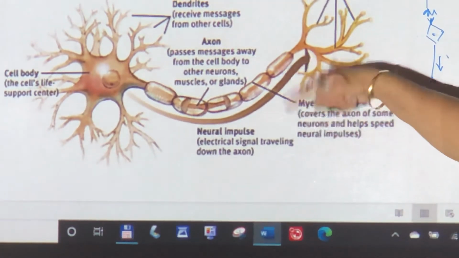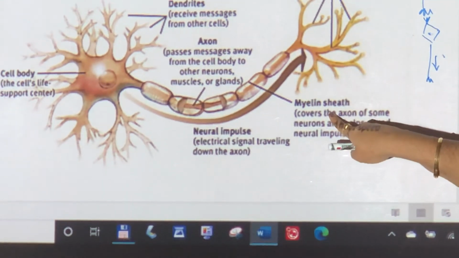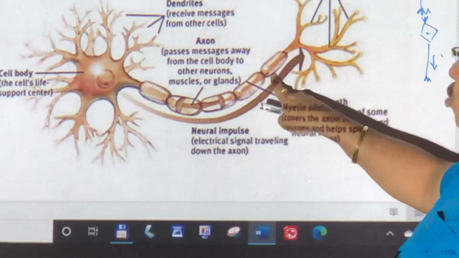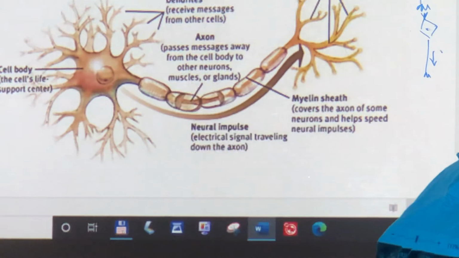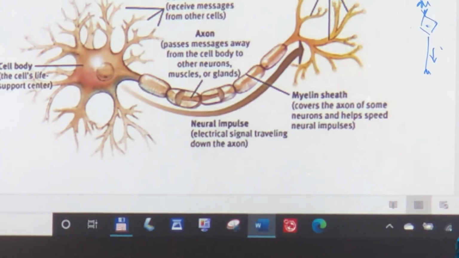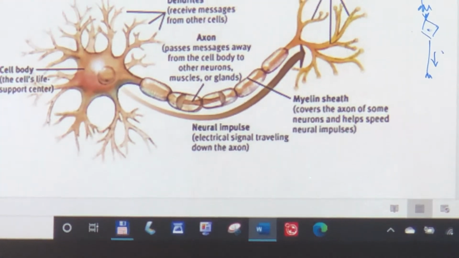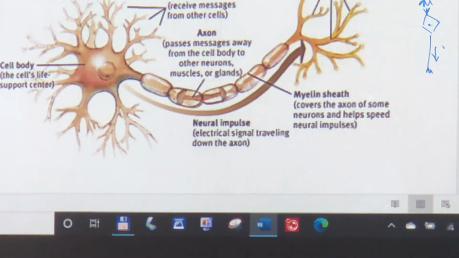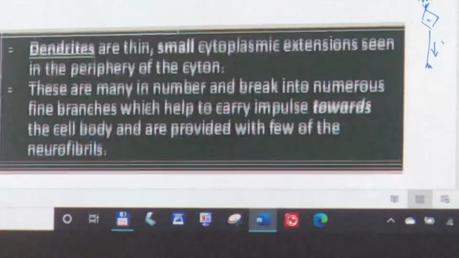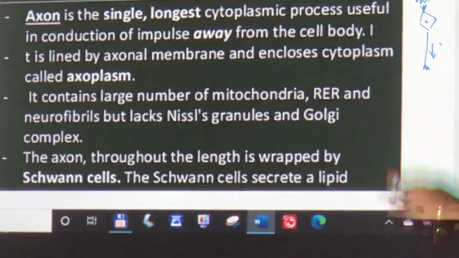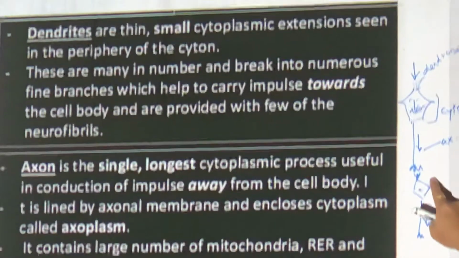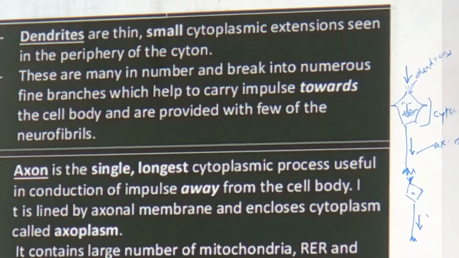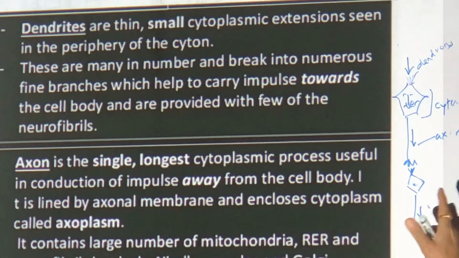If there is fat, insulation is called myelinated. If this insulation is not there, it is called non-medullated, non-myelinated. So two types of cells are seen, which we will see. Dendrites are thin, small ones. They carry impulse towards the cell body. They are very few.